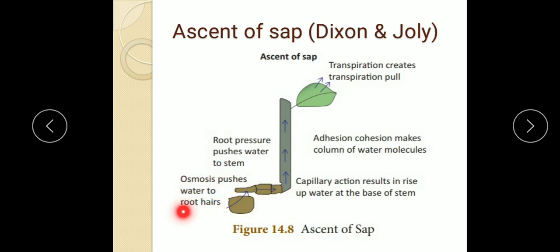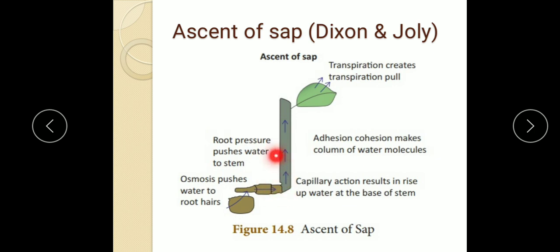Due to osmosis, water enters into the root hairs. Now root pressure is created due to cell osmosis. Due to this root pressure, water goes upwards, and there is capillary action also, because the xylem vessels are very thin, and the tracheids also, so they produce a capillary action.